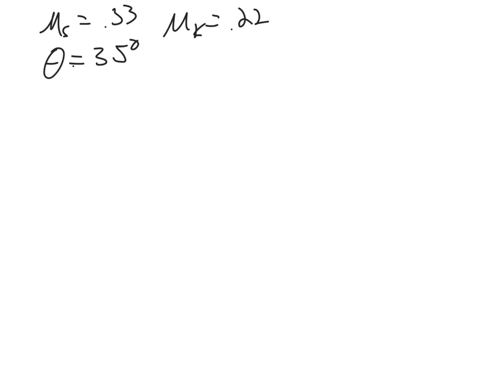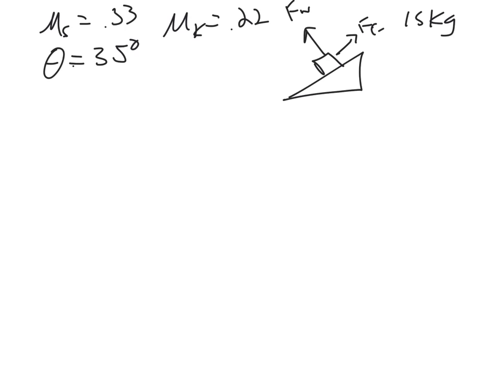Nice roundish number. So, same situation. I've still got my box on my ramp. It's still going to be a 15 kilogram box, and it's still going to have some force of friction, with a normal force, mg cosine theta and mg sine theta.